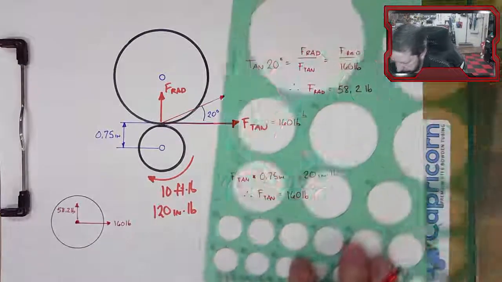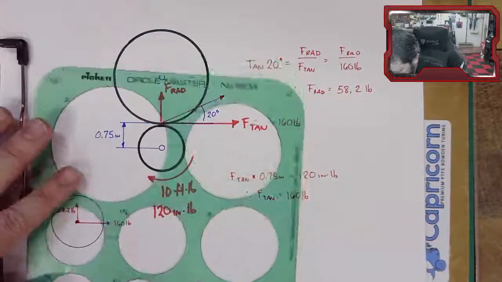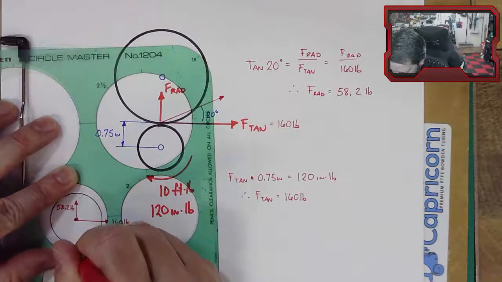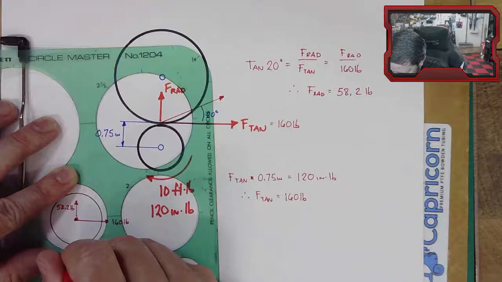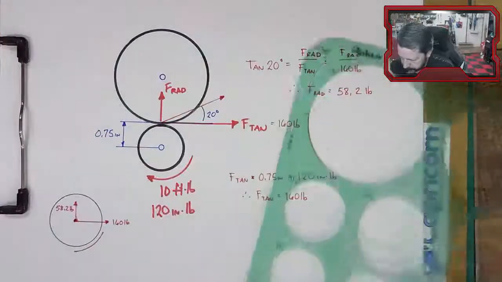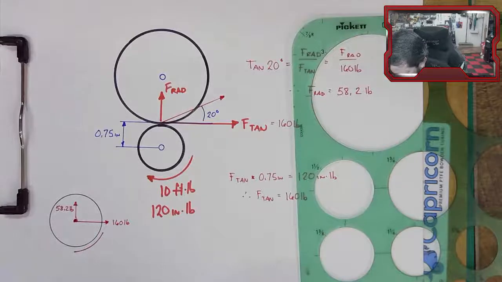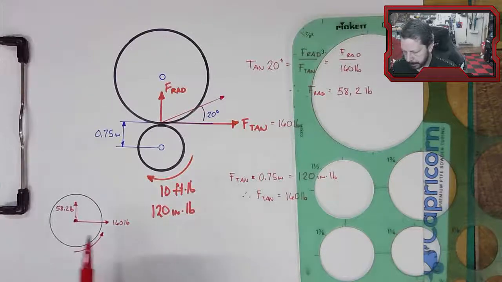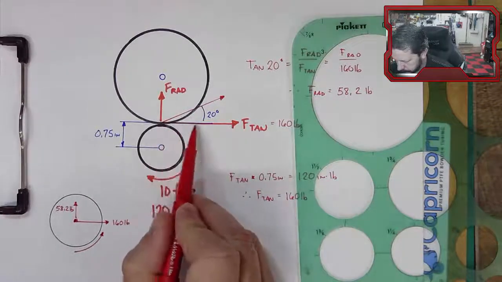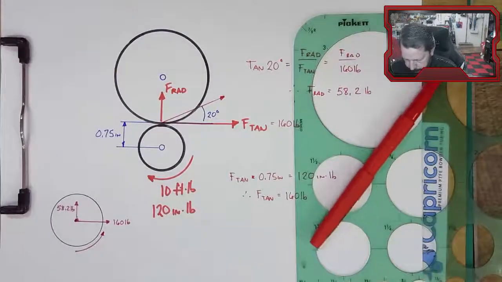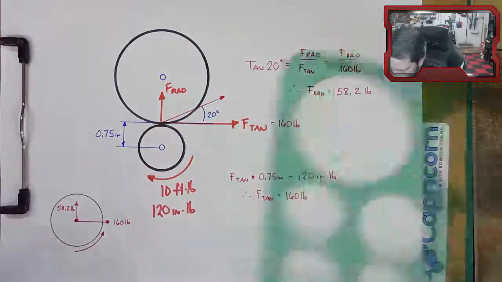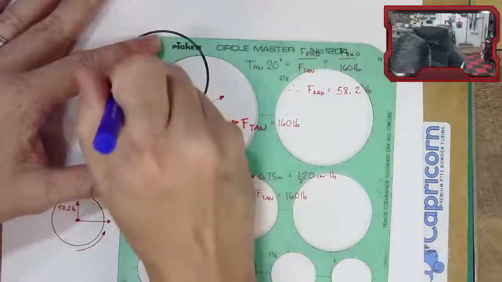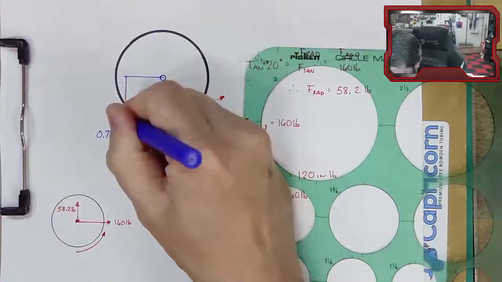Remember, this 160 was down here creating rotation. To have that same effect, since I moved the 160 up to the center here, I'm going to put my torque on here. That 160 right here has a moment arm not of 0.75 inches, and this is where we get our torque multiplication happening.